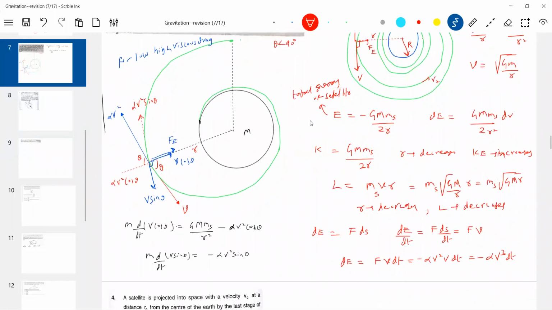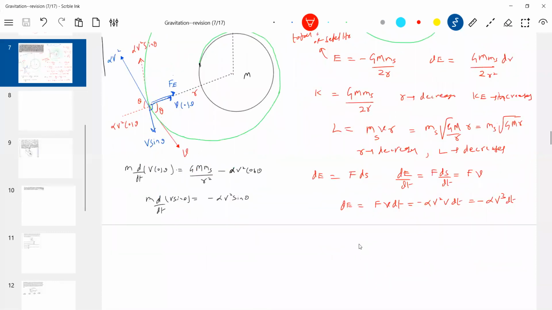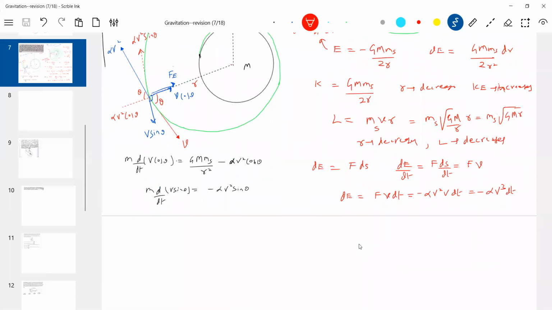Now, dE should be equal to G M ms dr by 2r square, equal to minus alpha V cube into dt.